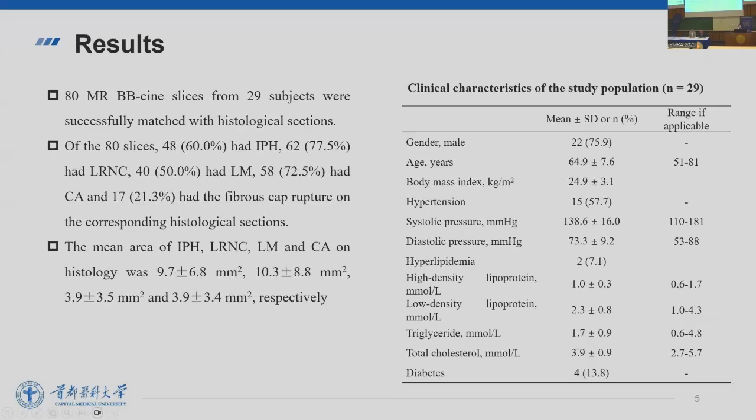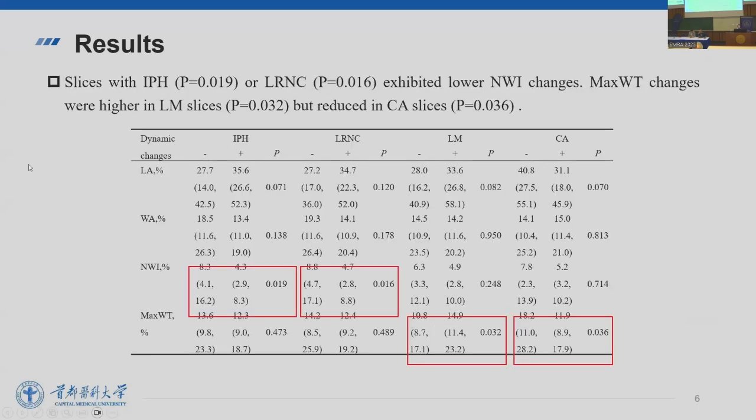For the results, 80 MR black blood cine slices from 29 subjects were successfully matched with histological sections. Basic information was shown as follows. Slices with IPH or LRNC exhibited lower normalized wall index changes. Maximum wall thickness changes were higher in LM slices, but reduced in calcification slices.